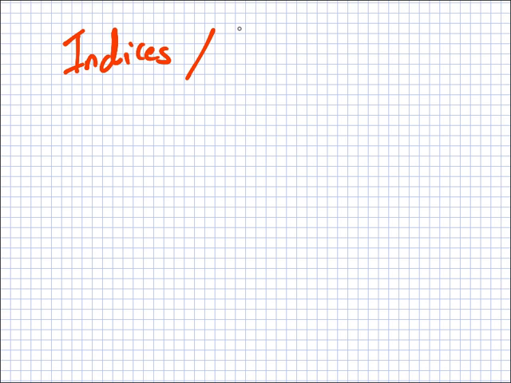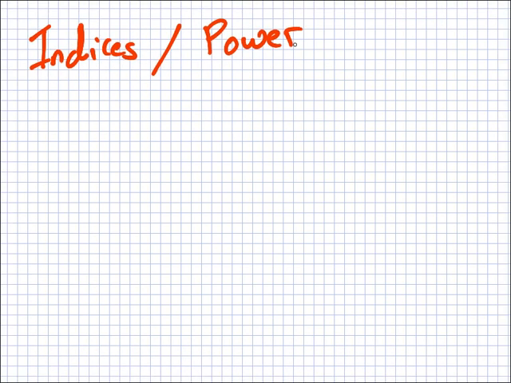Okay, as I was saying, we're looking at indices. Another word for indices, does anybody know? Oh, okay, that's just a singular. Now give me something interesting. Another word for indices? No, not that. Nice try though. Power, yeah.